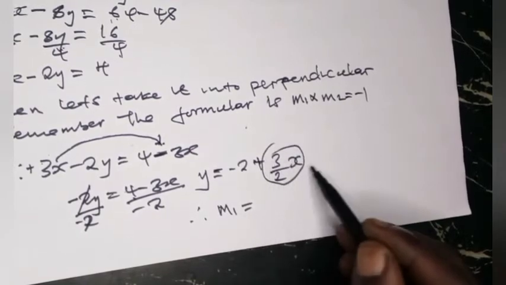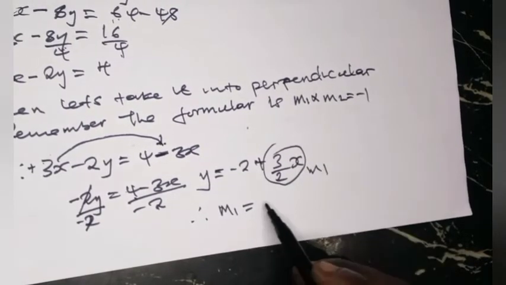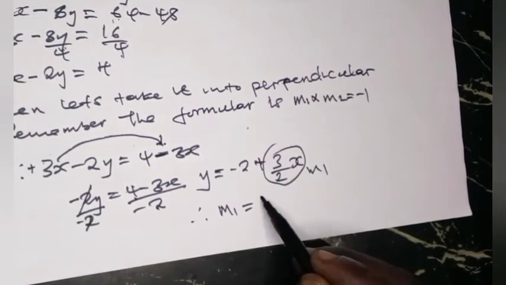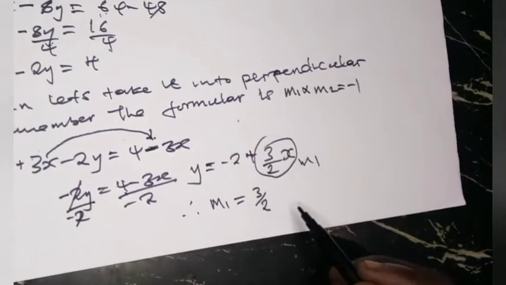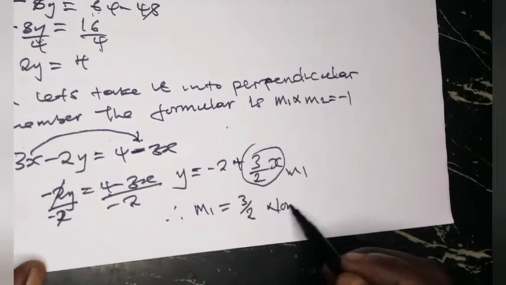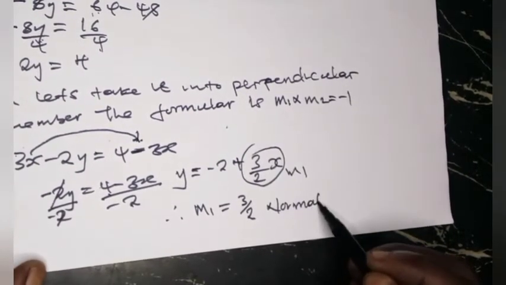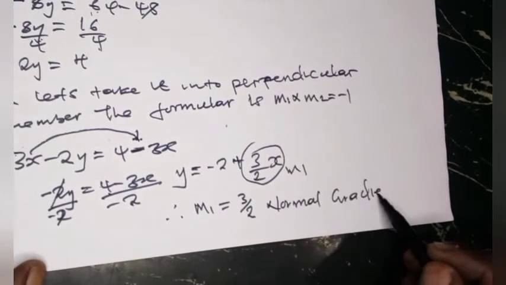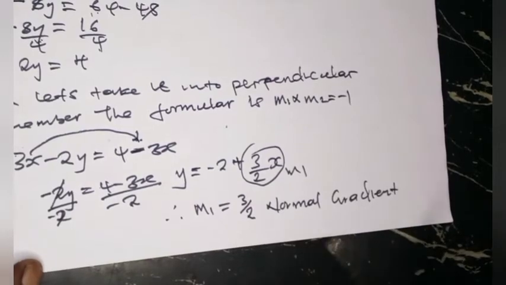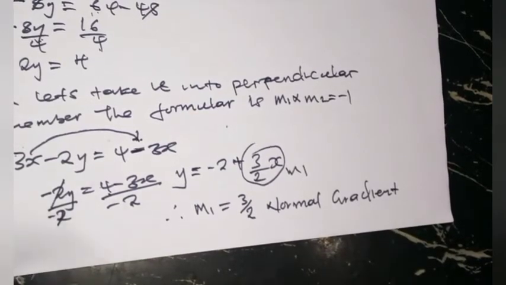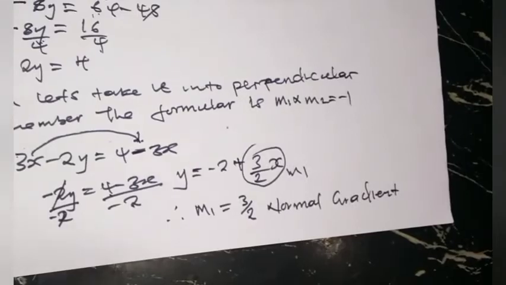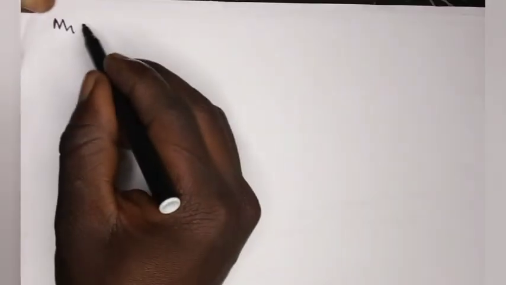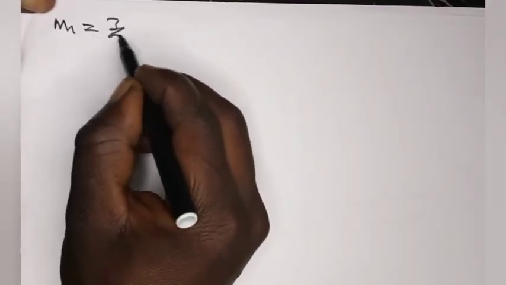So it will be 3 over 2. This is the normal gradient, as you can see. So now M1 equals 3 over 2.